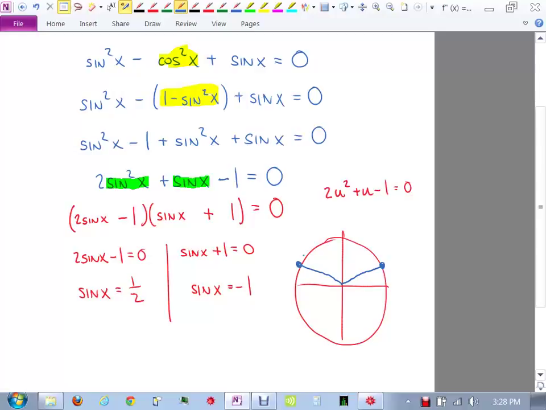Pi over 6 and 5 pi over 6. Where is the y coordinate -1? 3 pi over 2, right?